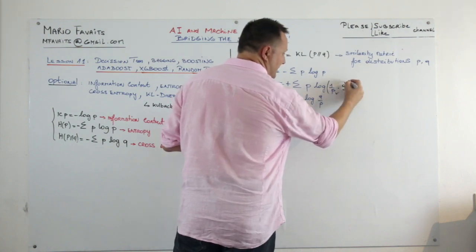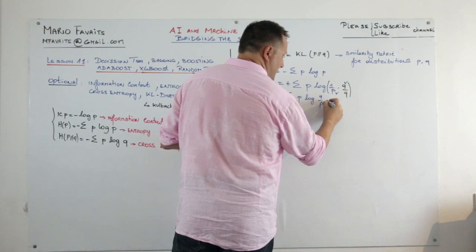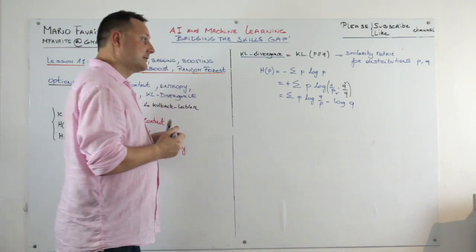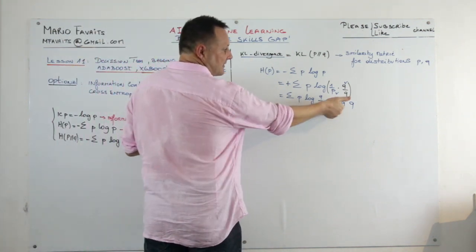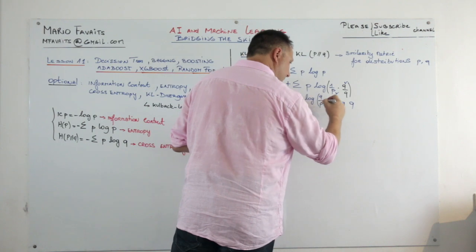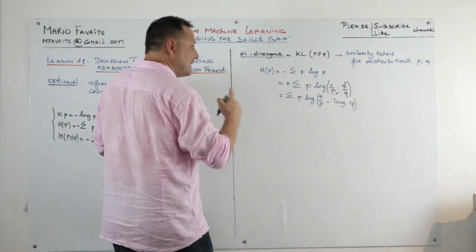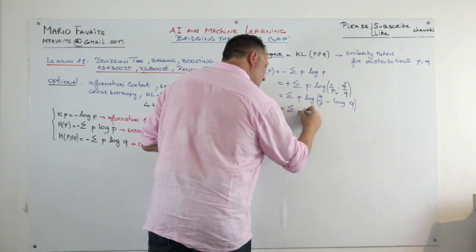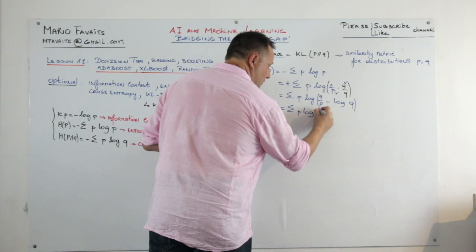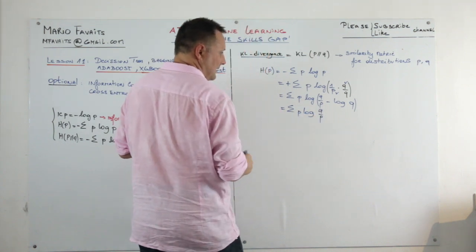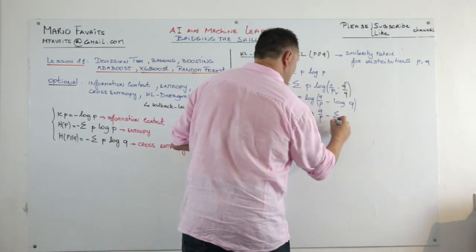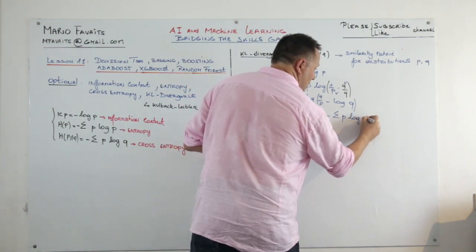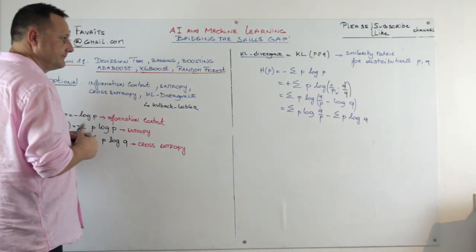So I take this one and this one, and then minus the log over Q. Alright? So I put the minus here because I want to get the Q on top. Here we go. So that's equal to P log Q over P, minus the sum over P and then log Q. Alright?